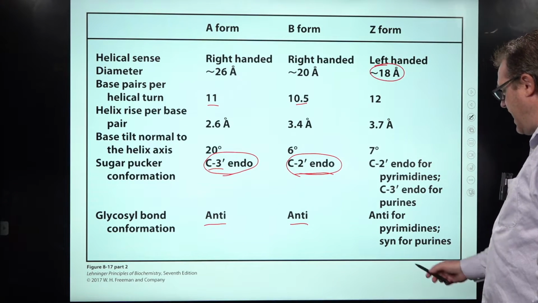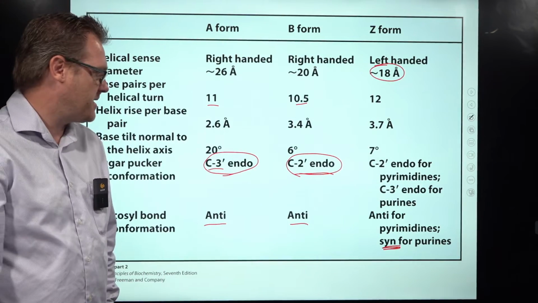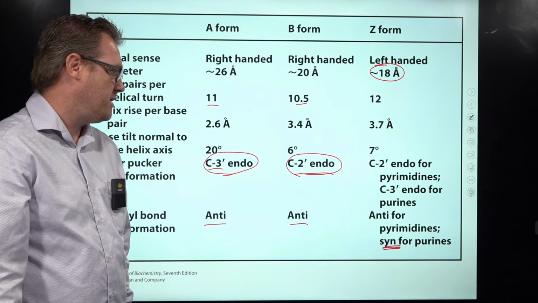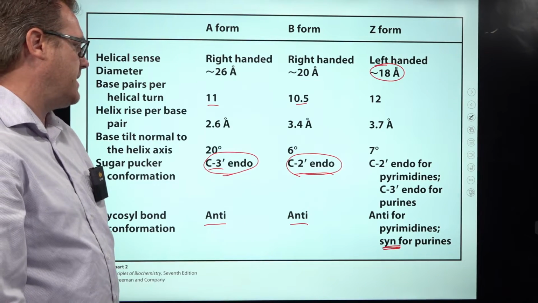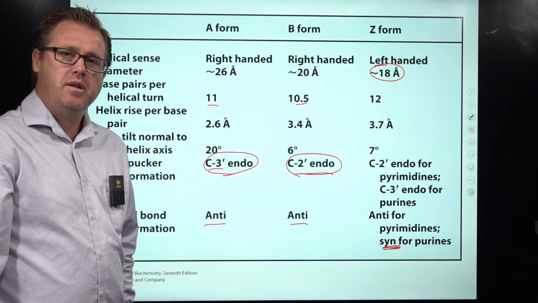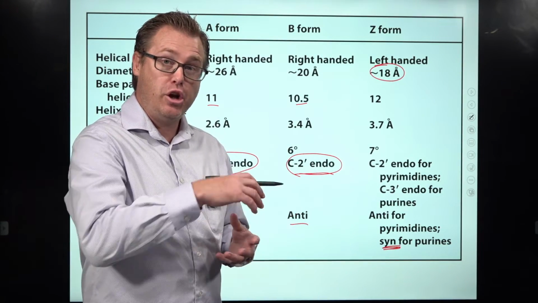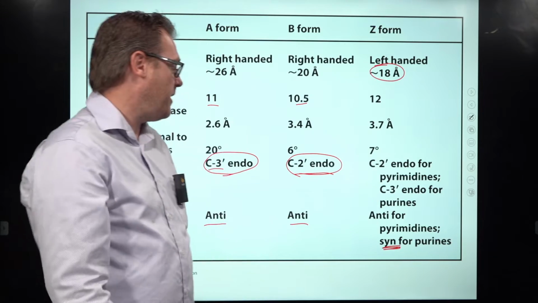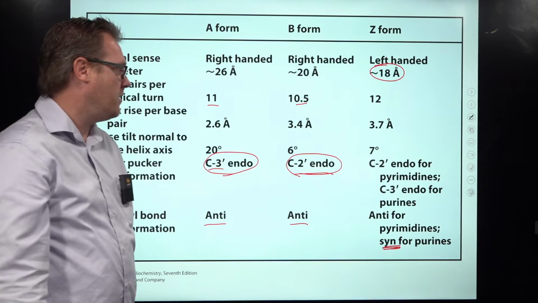But Z DNA, look at that. It prefers syn for the purines. Purines are the nitrogenous bases with the two ring systems, right? And so those like it syn. It's just kind of weird.